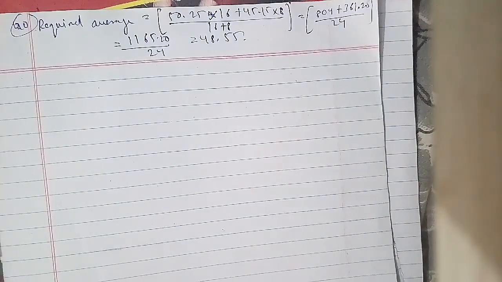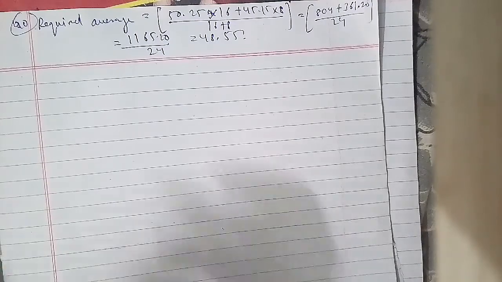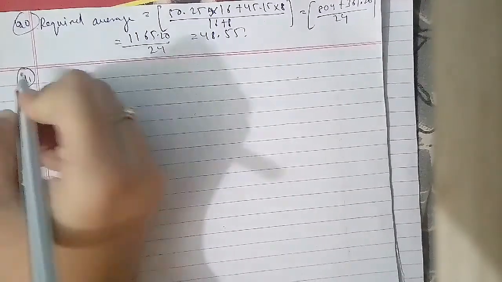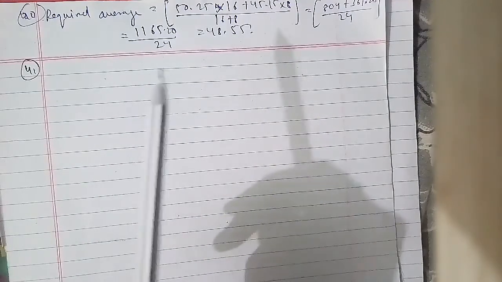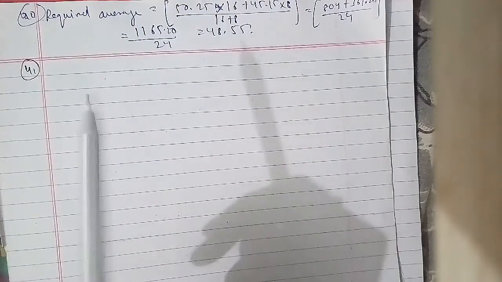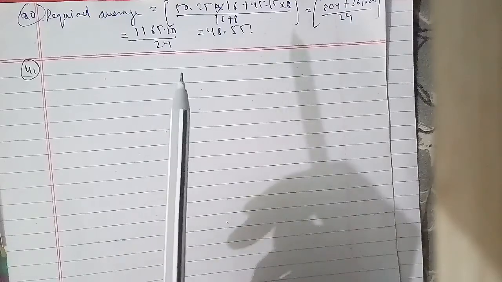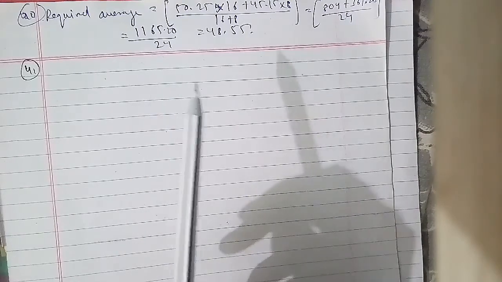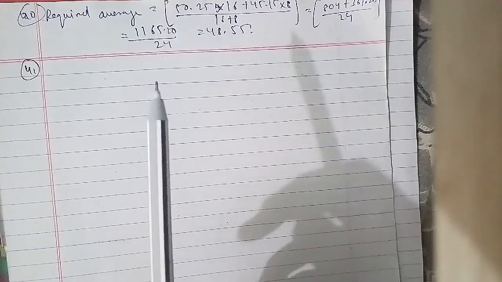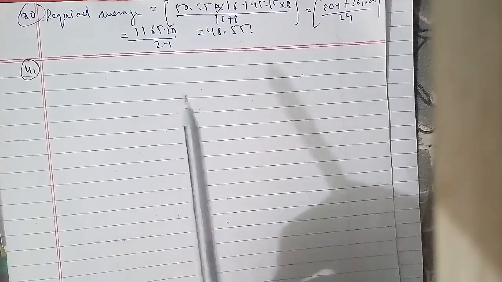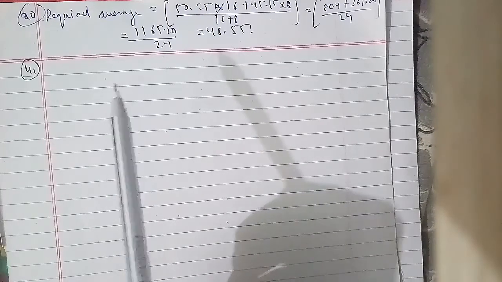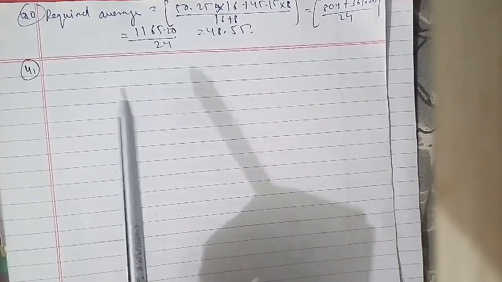We'll go ahead further. That is another question here, the 41st question of the session. The question is, a car owner buys petrol at rupees 7.50, rupees 8 and rupees 8.50 per liter for 3 successive years, and what approximately is the average cost per liter of petrol if he spends rupees 4,000 each year.